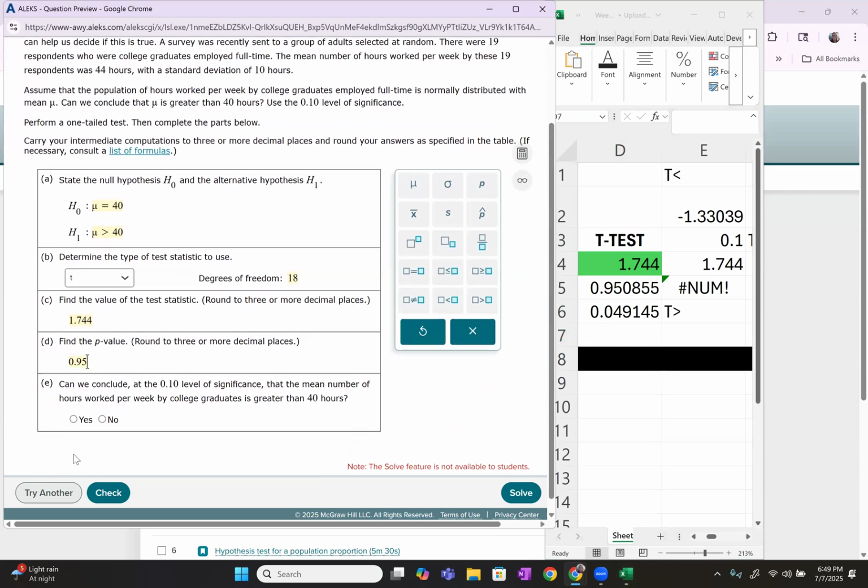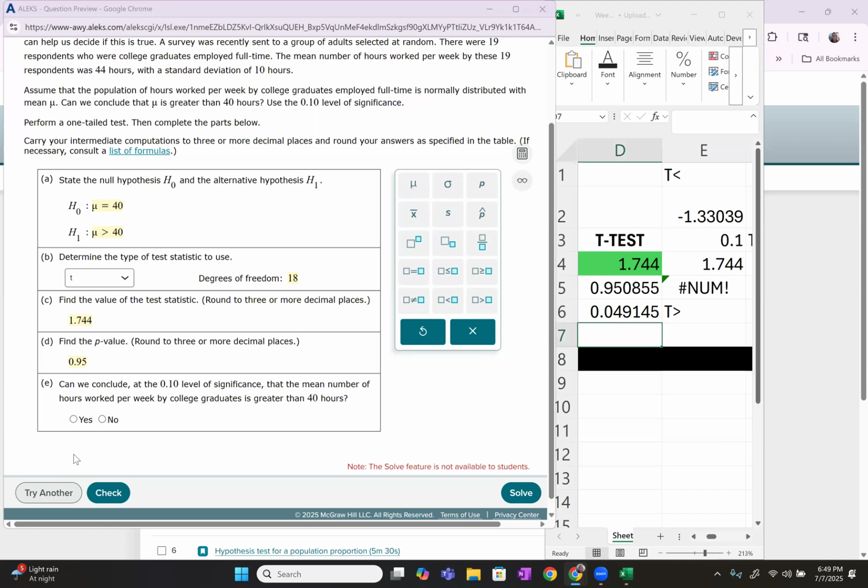Can we conclude at the 0.10 level of significance that the mean number of hours is greater than 40? Is P less than alpha? Yes.